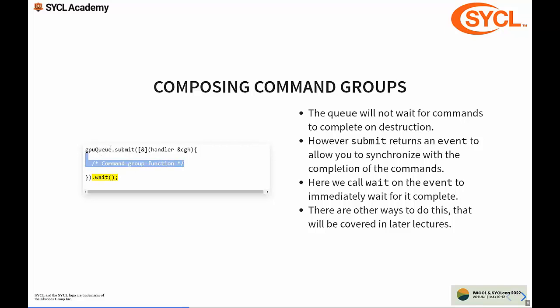But if you call GPU queue dot wait, then you're waiting for all command groups and kernels submitted to this specific queue, and it will actually cost you a lot depending on your goals, right? So here we call wait on the event, to immediately wait for completion of this specific code.